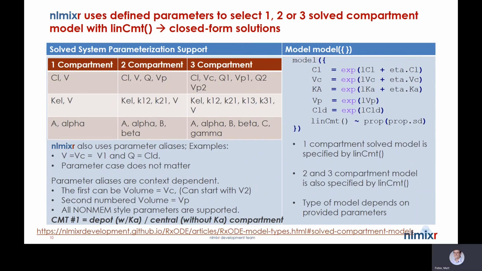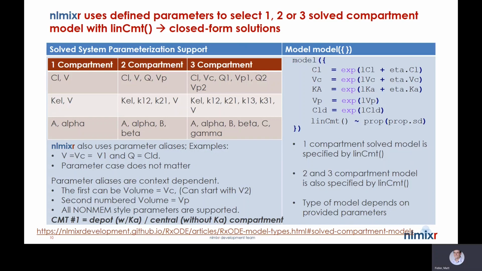When we use this linear compartment model, it derives what type of model is being performed by the types of parameters you use. If you use CL and V, for instance, it's a one compartment model. All these parameterizations you see on this slide show different types of ways to do a 1, 2, and 3 compartment model. They also use parameter aliases.